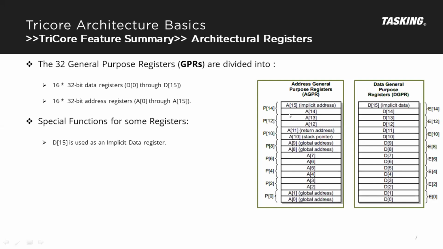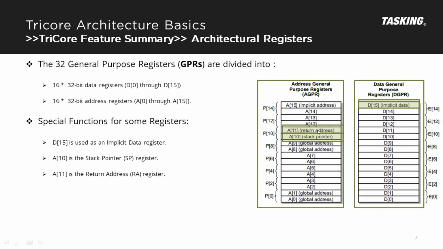You will also find that some registers have dual or special functionalities. For example, D15 works as implicit data. A10 works as the stack pointer, so it refers to the stack. The A11 address register holds the return address.